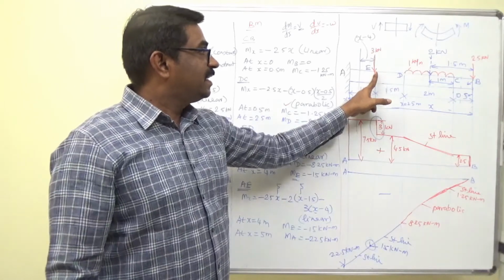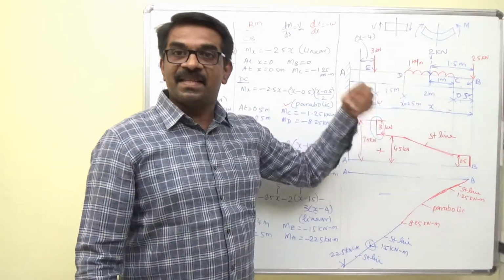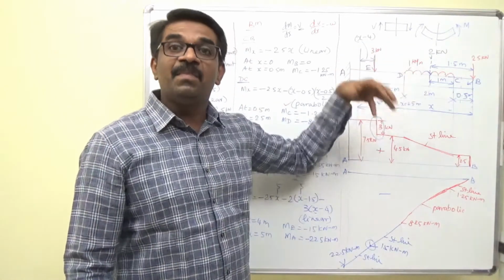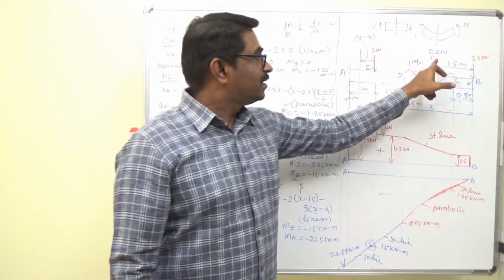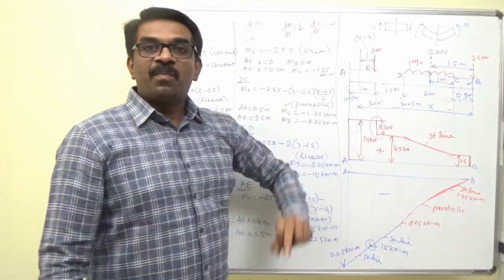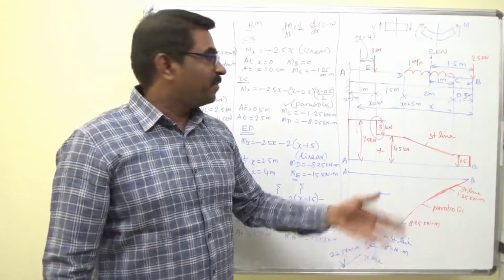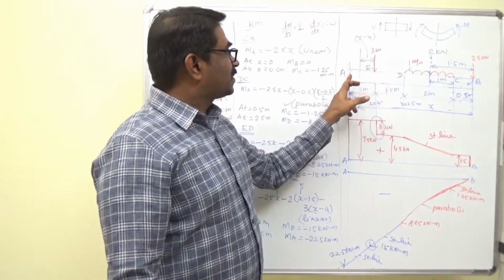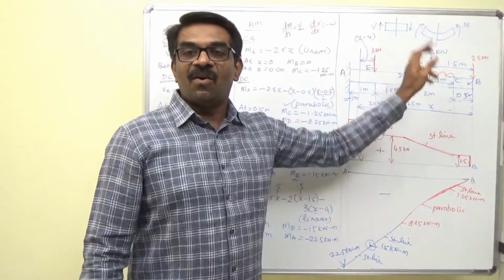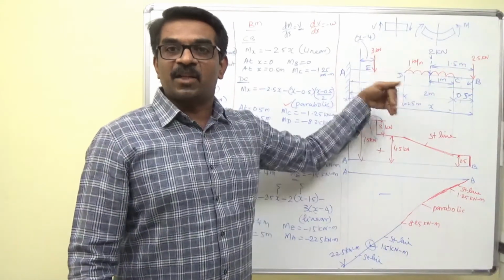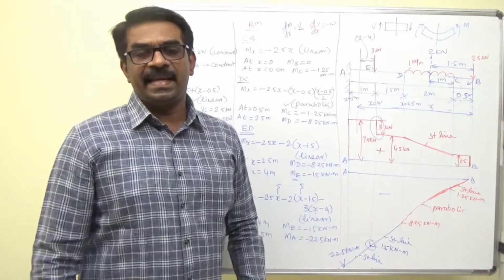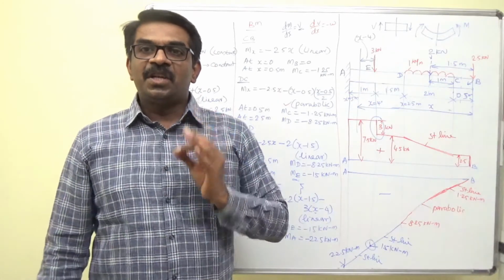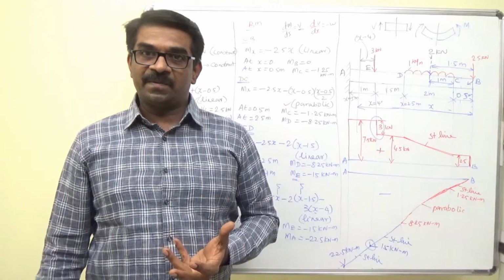At E, only two forces, but since the distance is increasing, the bending moment will also increase. 2.5 into perpendicular distance 4, then 2 into 4 minus 1.5. Then at A, you have all three forces and their corresponding perpendicular distances. If you add, you can very easily get the shear force and bending moment values.